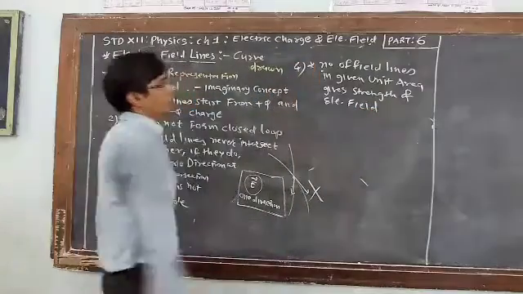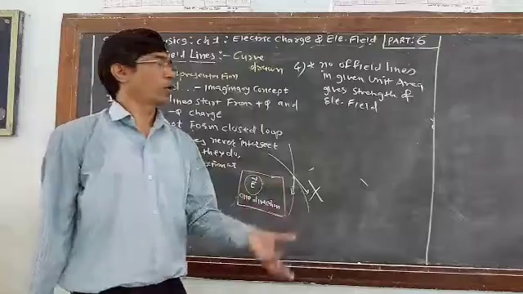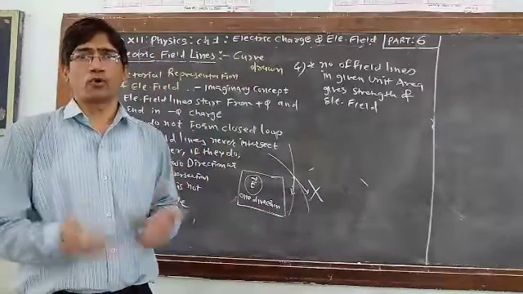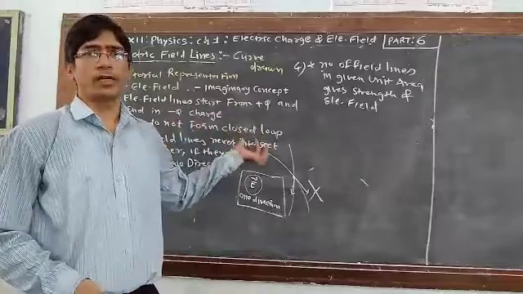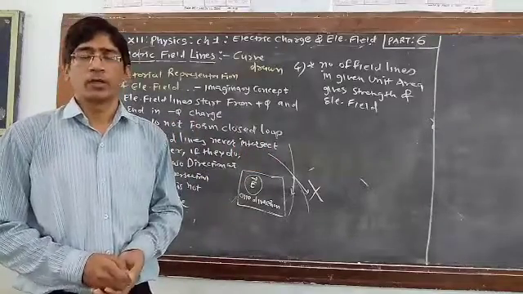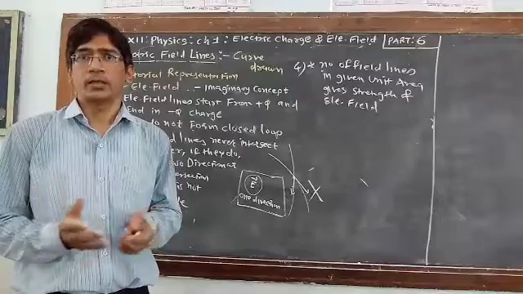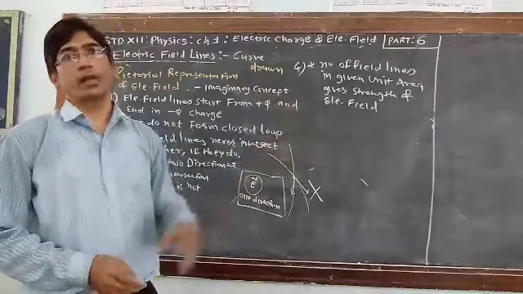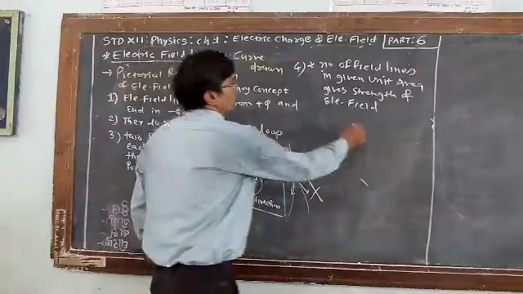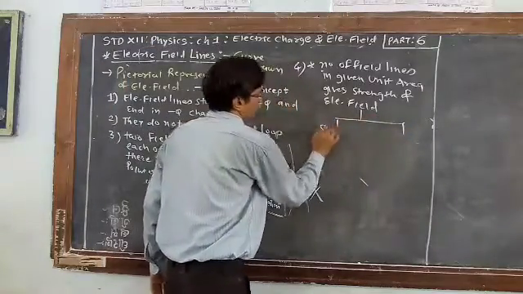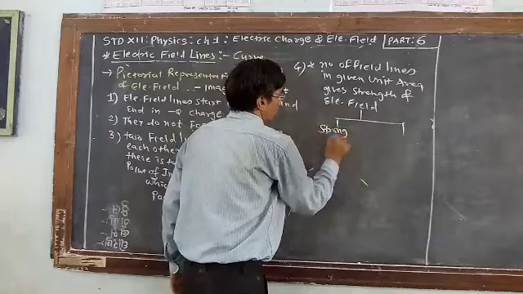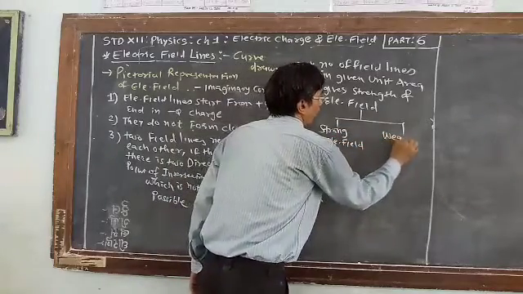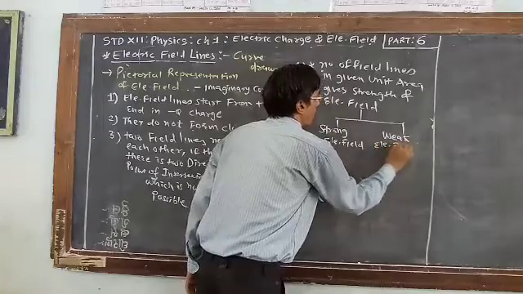This is the fourth characteristic. If the number of field lines in the given unit area is more, then we can say that the electric field is a strong electric field. If the number of field lines is less in the given unit area, then the electric field is a weak electric field. So here we can take the two types, strong electric field and weak electric field.